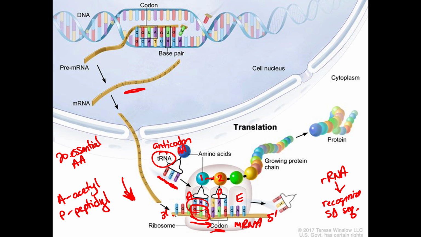This will expose our next codon that will be looking for the anticodon. And this particular tRNA, if you notice, enters into the E site, and the E site stands for exit. That tRNA now leaves the ribosome, leaving its amino acid behind.